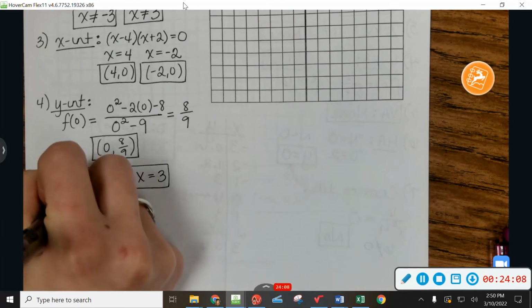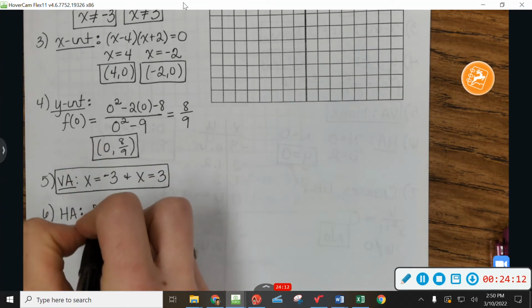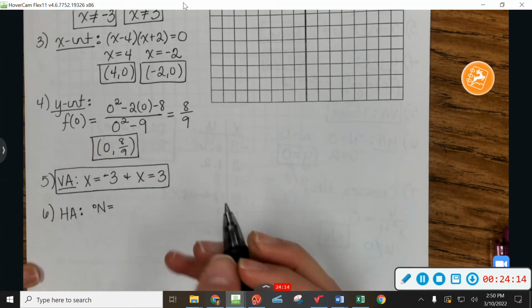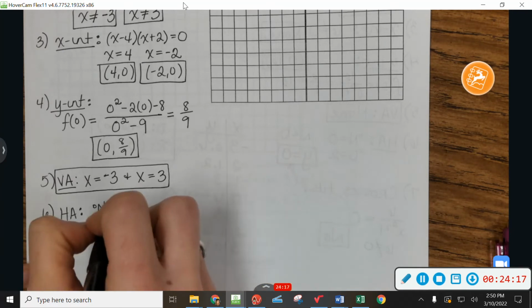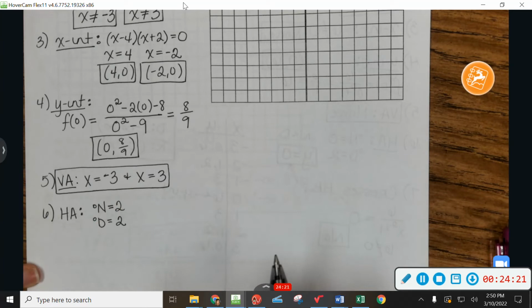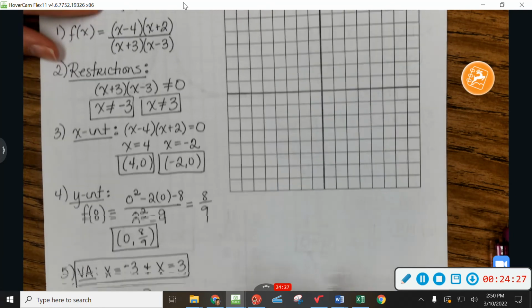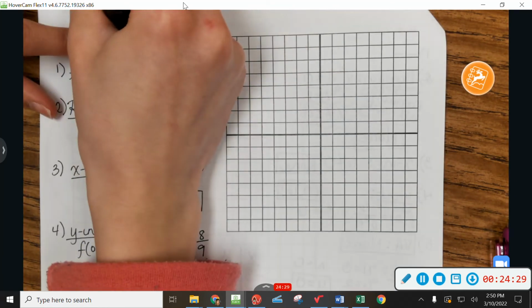My horizontal asymptote, the degree of my numerator is what? 2. The degree of my denominator is also 2. So this is when I take the coefficients of my numerator and denominator. So if my numerator is just x squared, that leading coefficient is 1.